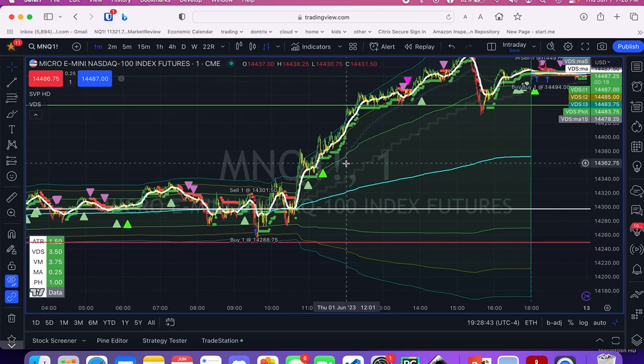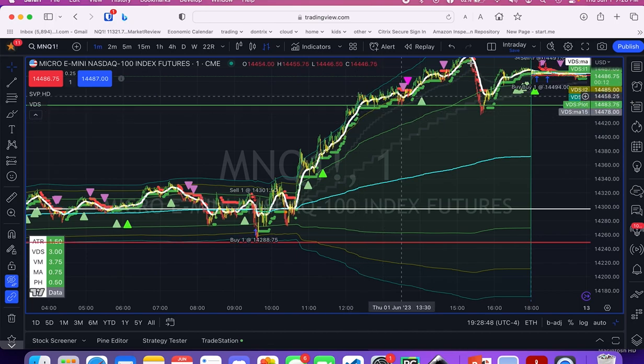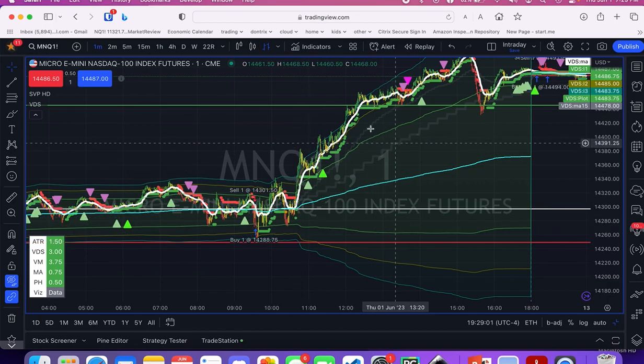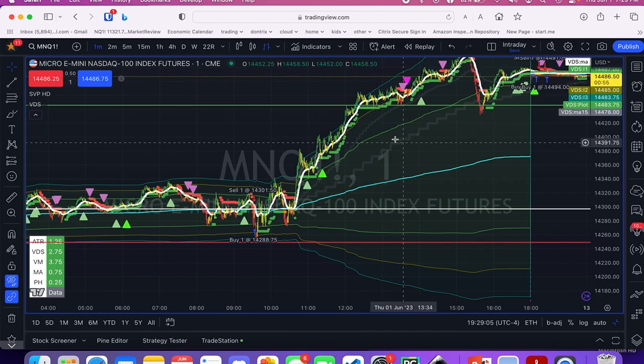And then the VizData Scalper level is the green line going behind the price here, or the red line when it is bearish. And the last thing is the 15 minute and 5 minute moving averages. As you see, there is a white line here and here. Those are the 15 and 5 minute moving averages.